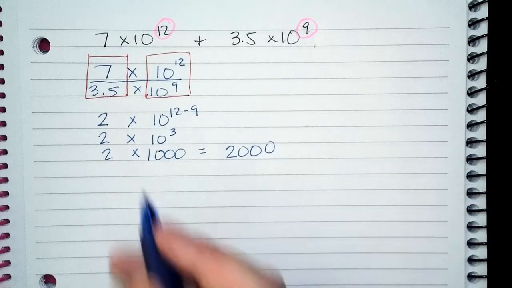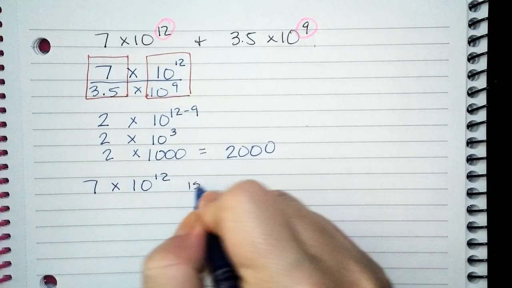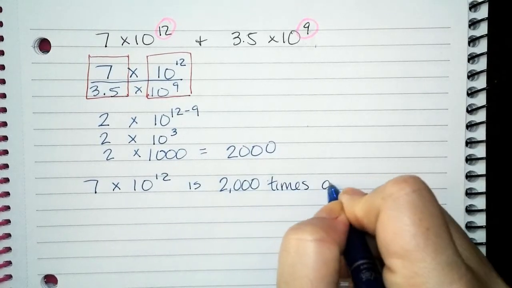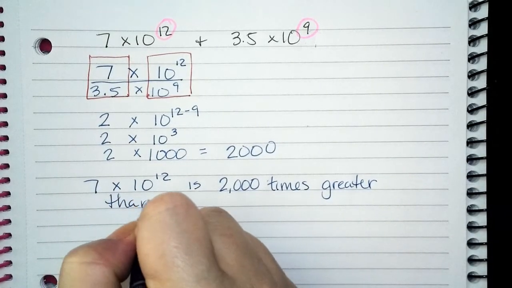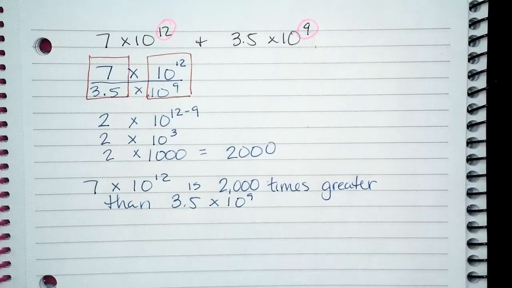What this means is 7 times 10 to the 12th power is 2,000 times greater than 3.5 times 10 to the 9th power. To find out how many times greater something is, we have to divide it.